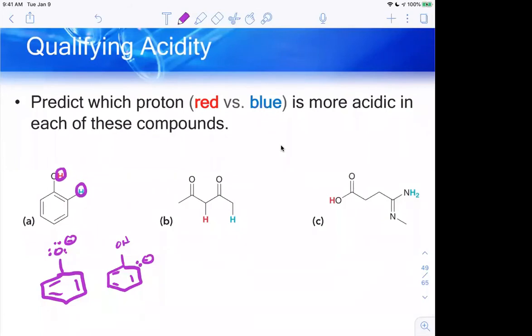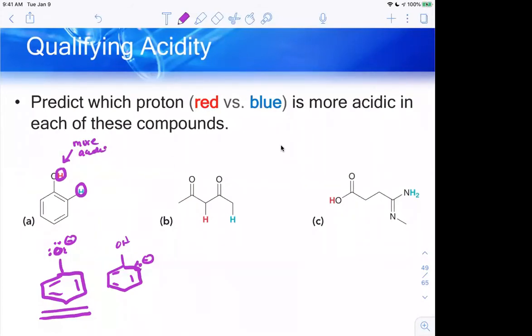So this is on a carbon, this is on an oxygen. If I use the ARIO method, here I'm looking at the atom, and what I'm going to see is that this is going to be more stable, which means this is going to be more acidic.